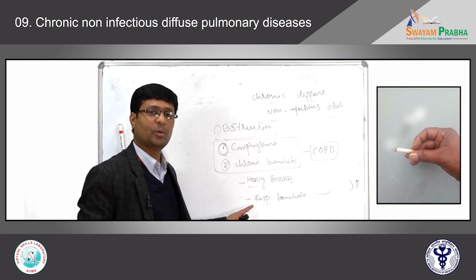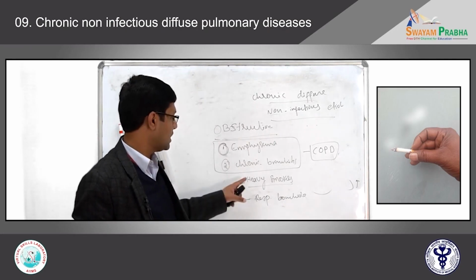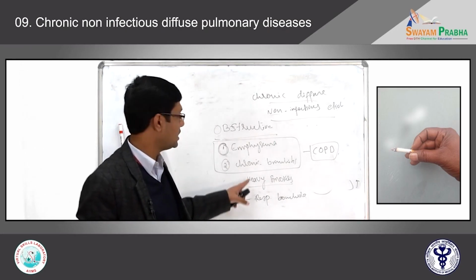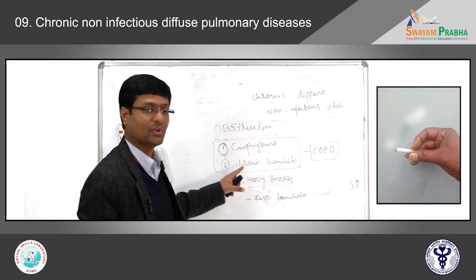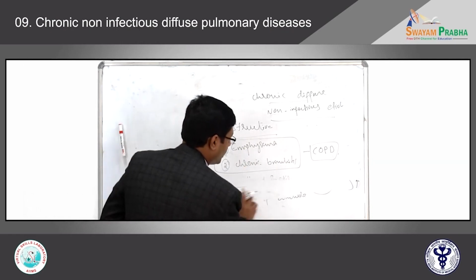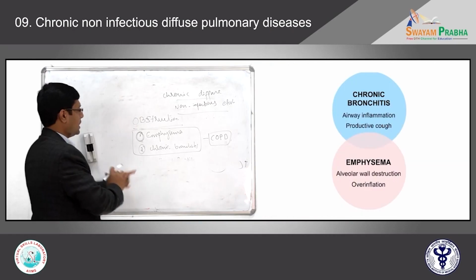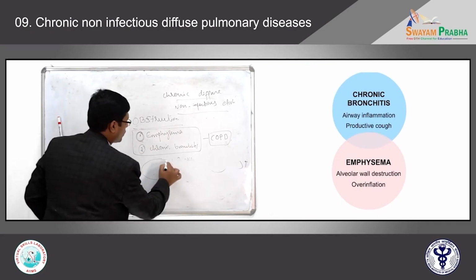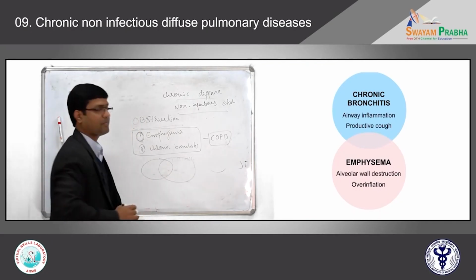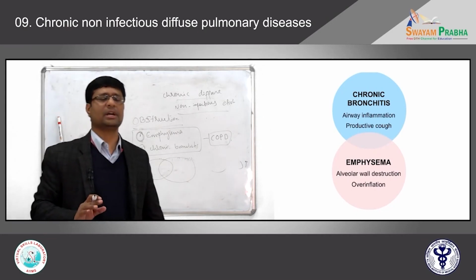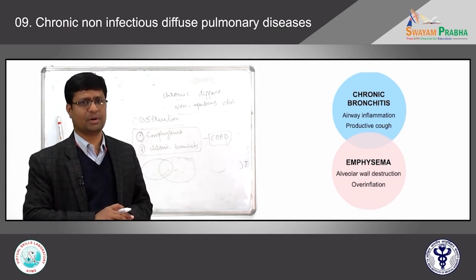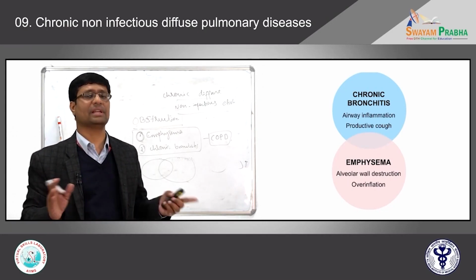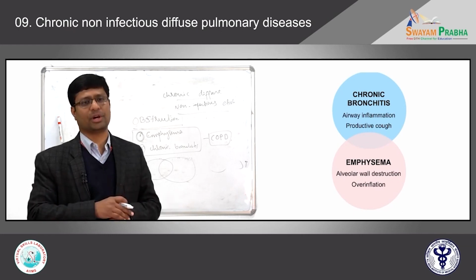So because of common involvement of respiratory bronchioles and the common etiology, they club together. One thing you should remember, these two entities always overlap. You will never see a very clear-cut case of emphysema, and you will never see a very clear-cut case of chronic bronchitis.